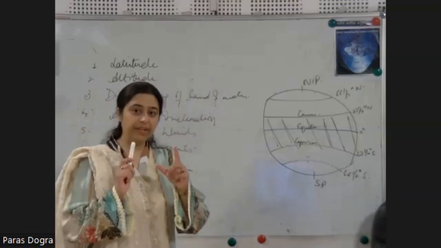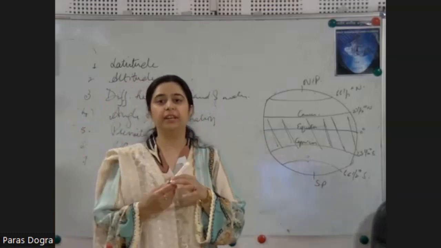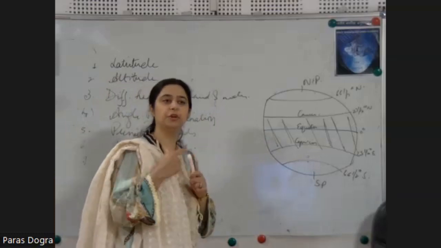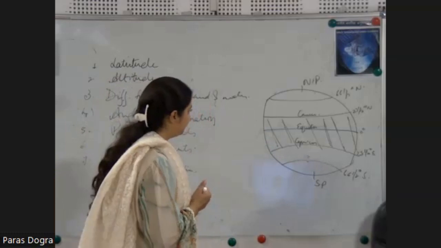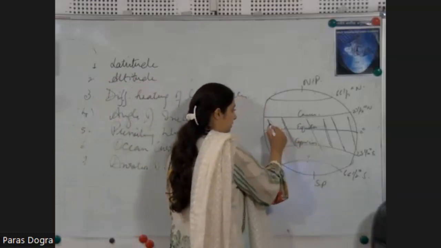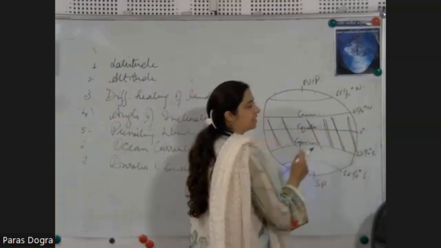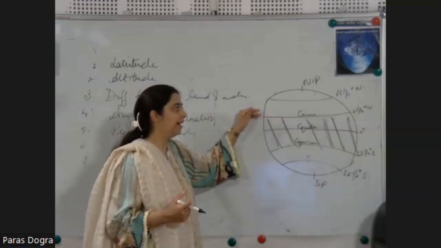During this revolution, when the Earth moves around the sun, it is always this part which faces the sun. So these limits are the higher limits.